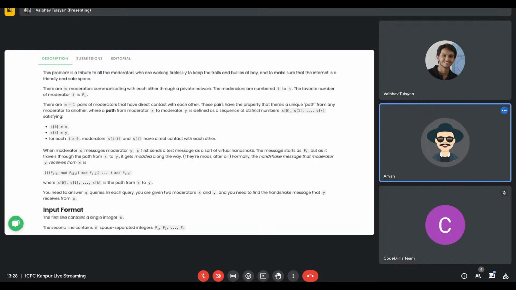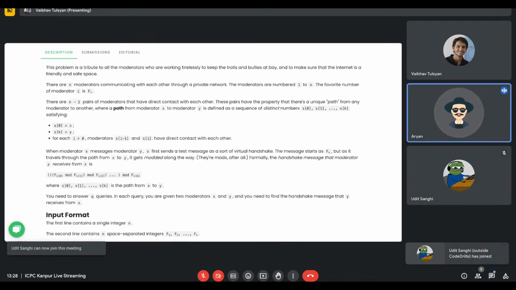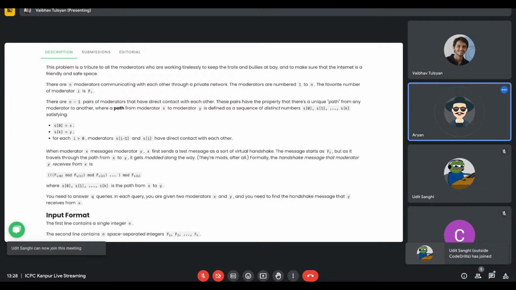There are n minus 1 pairs of moderators that have direct contact with each other. These pairs have a property that there is a unique path from any moderator to the other, where a path from moderator x to y is defined as a sequence of distinct numbers s0, s1, ..., sk.